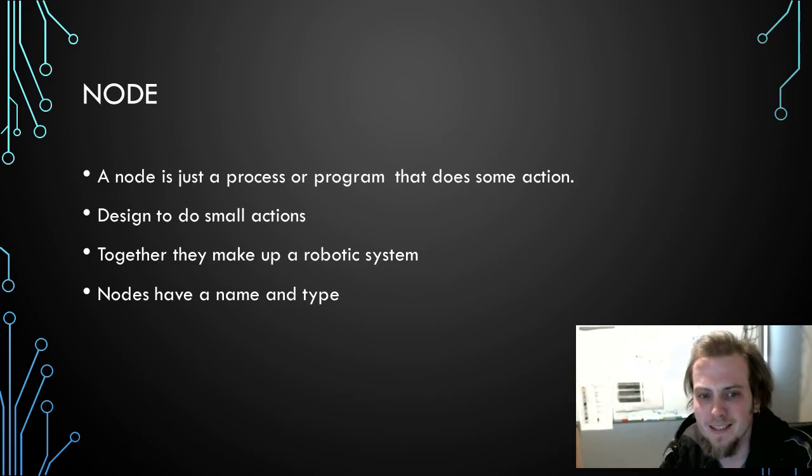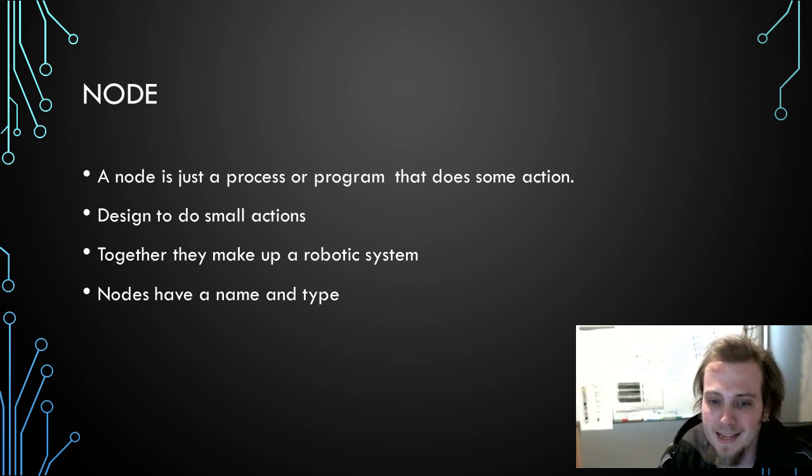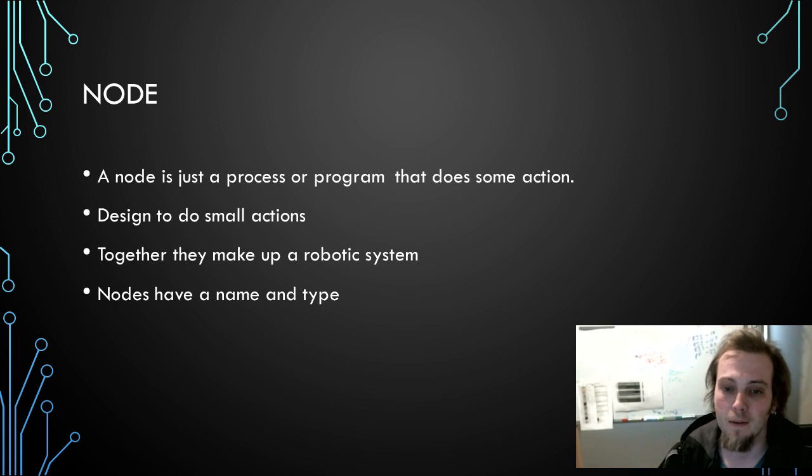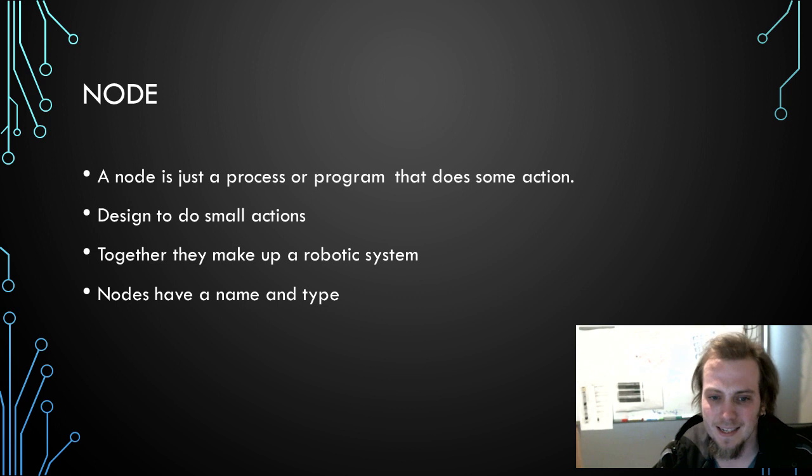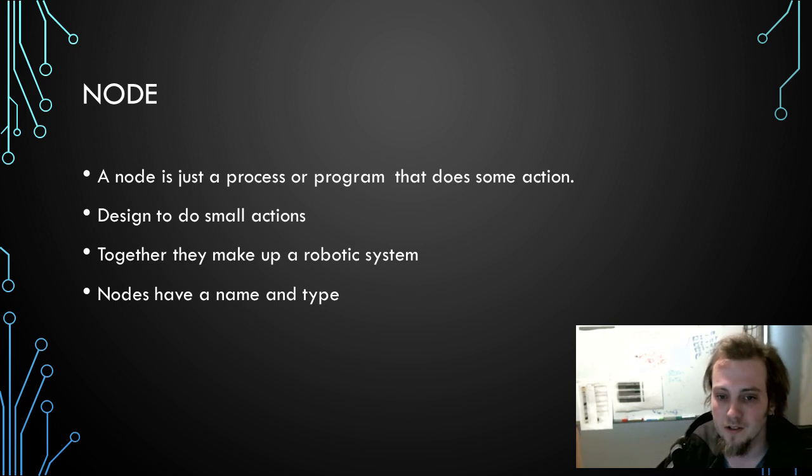Basically a node is just a process or program that does some action, and these nodes are meant to be designed such that they only do small actions, and when combined will make up an entire robot system. By doing this, it encourages reusability of nodes for a vast array of different systems.